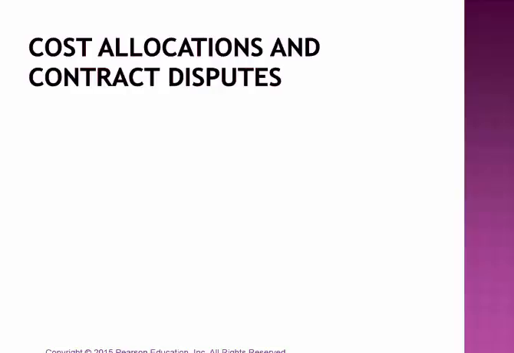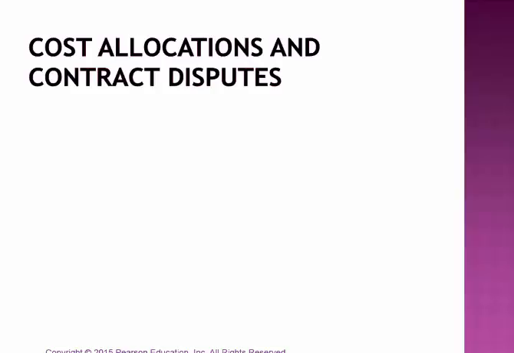Therefore, we need to try to avoid disputes by regarding allowable cost items and how indirect costs should be allocated. And all this needs to be covered in the language. Alright, so for example, any type of federal contract, any type of Department of Defense contract, any type of Medicare reimbursements, those kinds of things, they need to be defined.